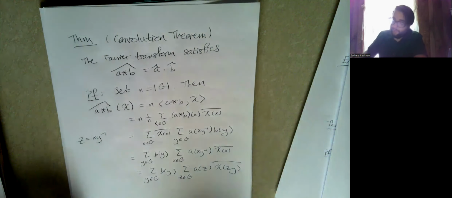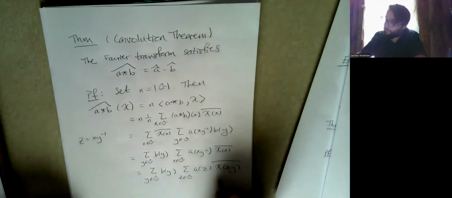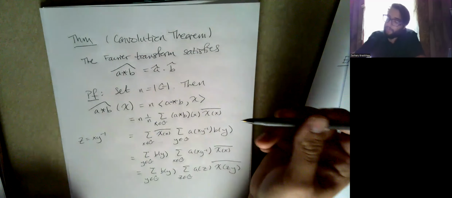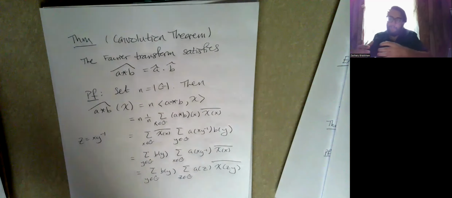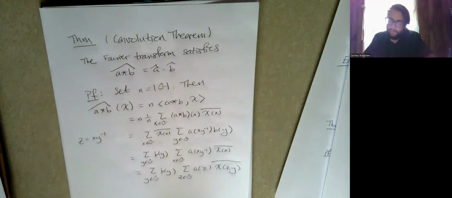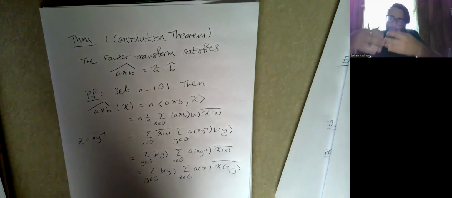And now, since I'm assuming my group is abelian, these characters will actually break up into a product of characters. Think about the character being given by the roots of unity.